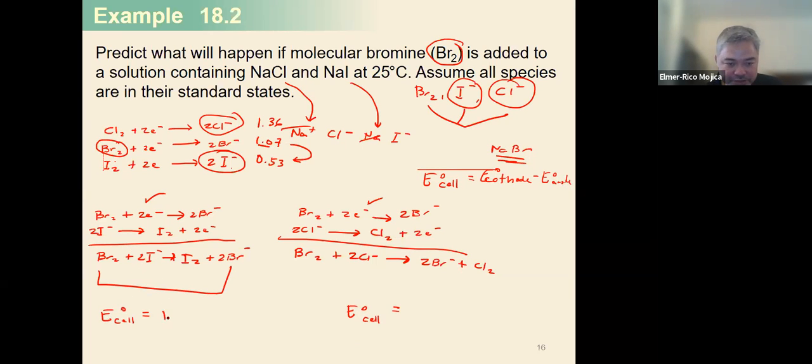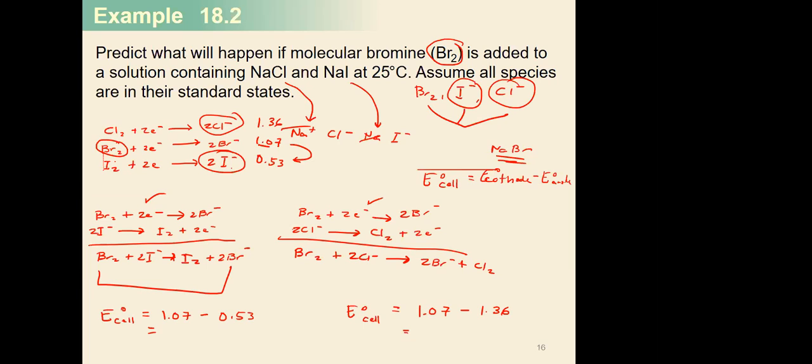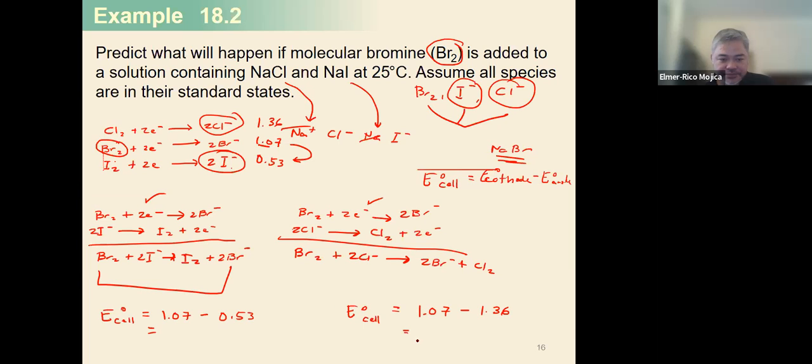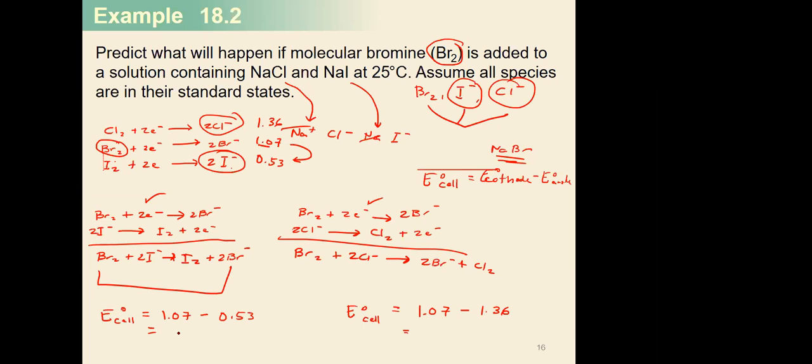It's 1.07 minus 0.53. Here, if we want this to undergo, you will get 1.07 minus 1.36. So what is the answer that you get there? Negative 0.29, on the right, for the bromine and the chloride.